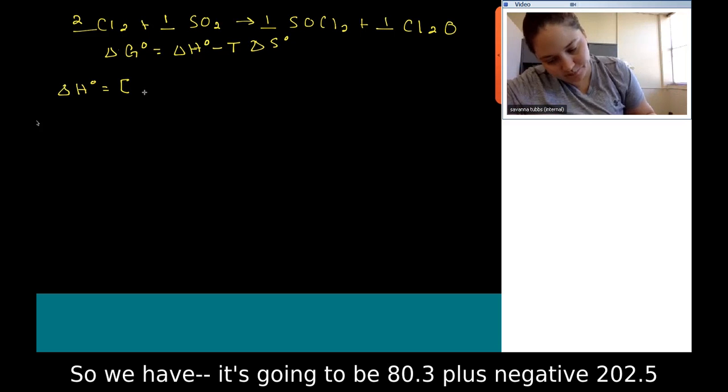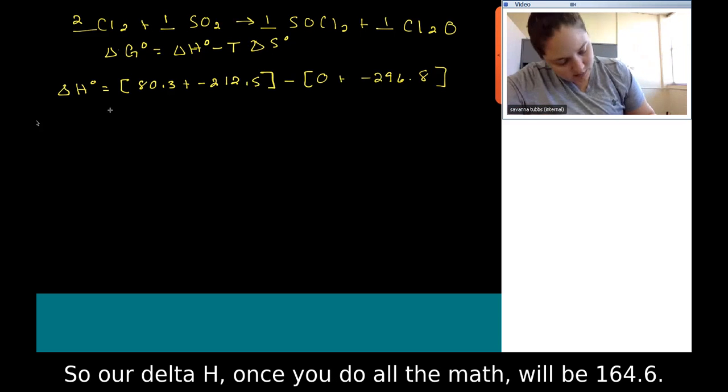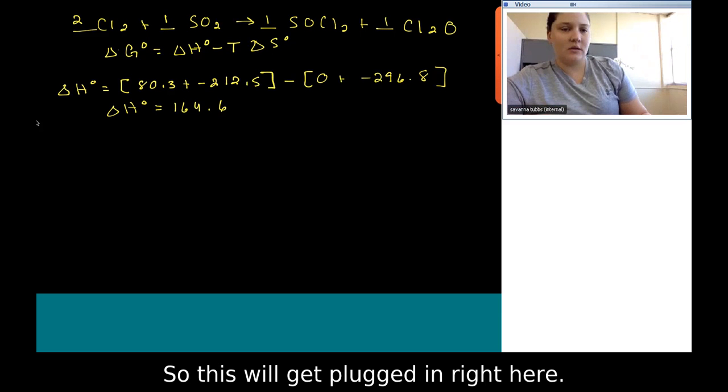So it's going to be 80.3 plus negative 202.5 minus 0 plus negative 296.8. So our delta H, once you do all the math, will be 164.6. So this will get plugged in right here.